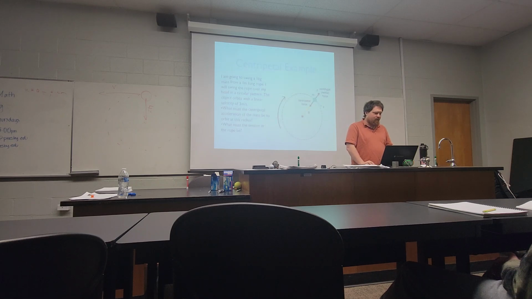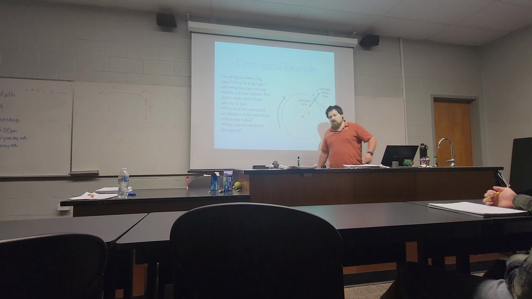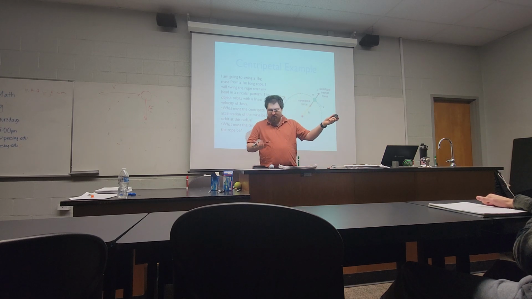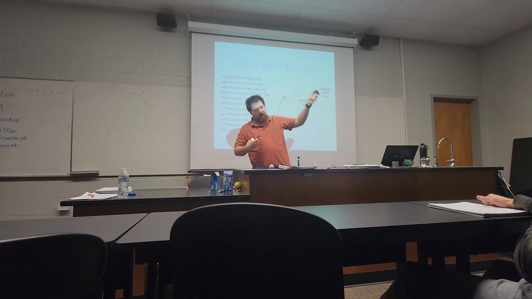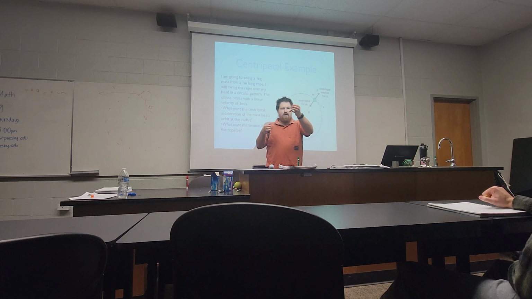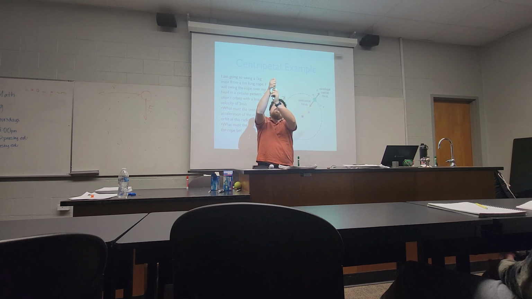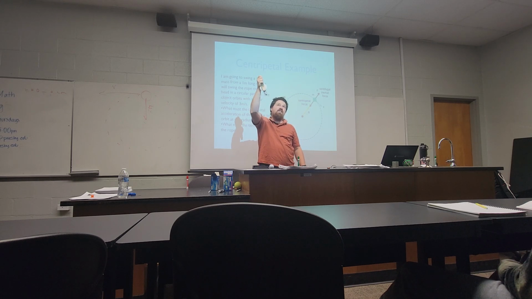Let's start by putting some numbers to the scenario with the can on the string, or alternatively, this rubber cork on a string. If I take this object and swing it in a circle above my head, the cork again wants to move in a straight line, and the string is physically acting as a leash, keeping it at a certain distance from my hand.